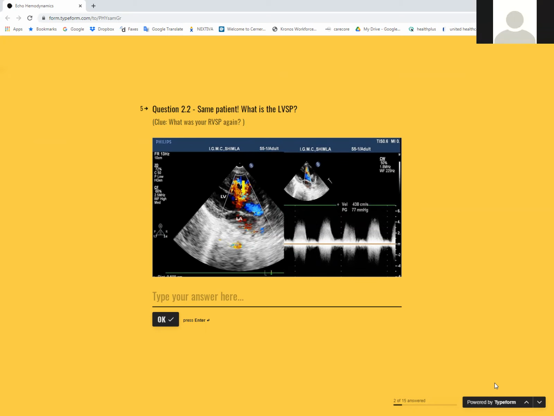Yes, great. 69 plus 77 would give you 146, right? So you don't need RAP, you don't need LAP. All you need is the RVSP. You know that the pressure gradient going from the LV to the RV is 77 here, so you just add that to the RVSP.